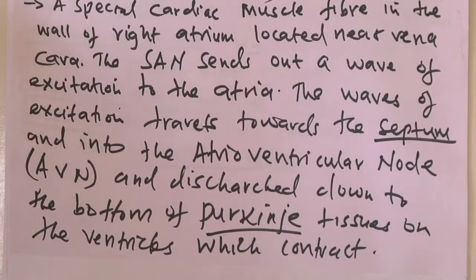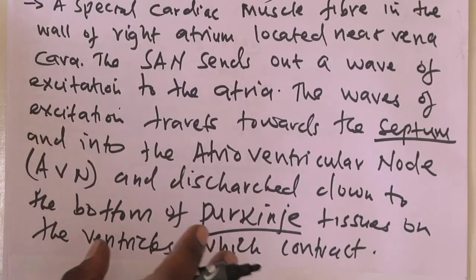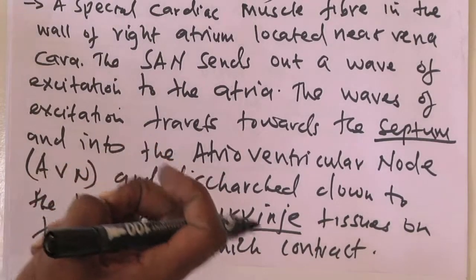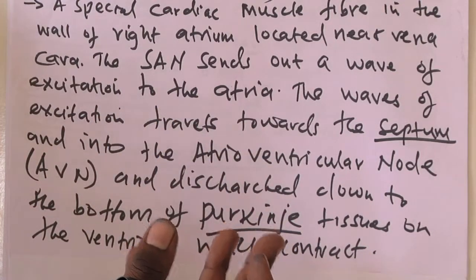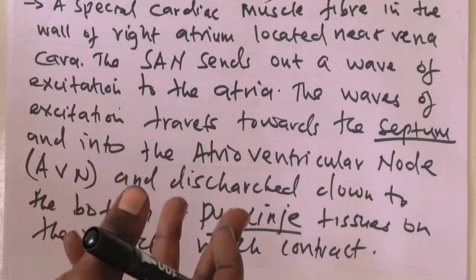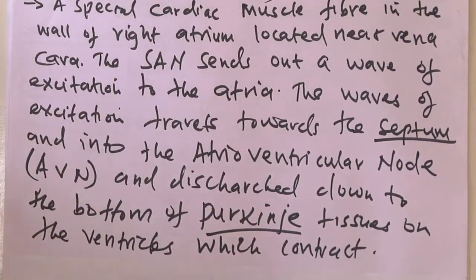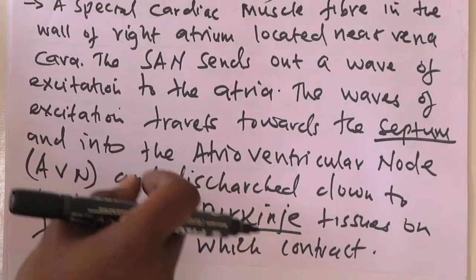And as much as the sinoatrial node is the one initiating this heartbeat rate, it is not controlled by nervous stimulation. So at one given moment there might be an increased heartbeat rate, and at another time we might have a very slow heartbeat rate.